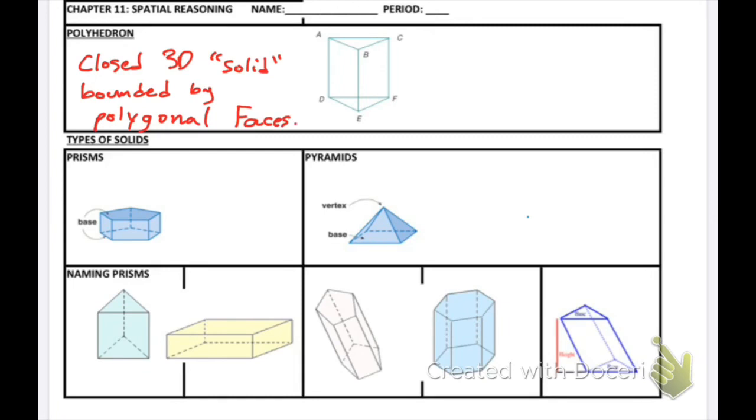So that's the definition for a polyhedron. It's just a closed three-dimensional solid bounded by polygonal faces.